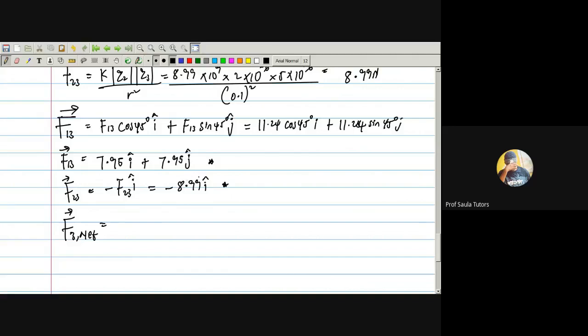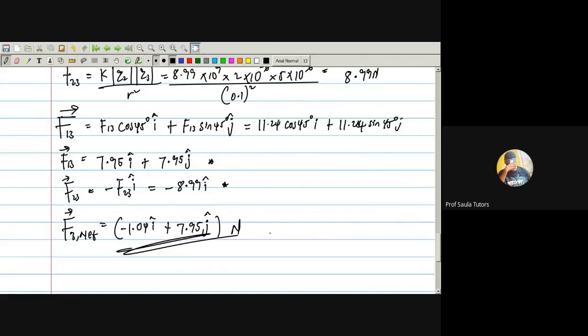This one does not have j, it has 0 j. So I'll be having minus 1.04 i plus 7.95 j. Then this is in Newtons. That's my final answer in vector form.